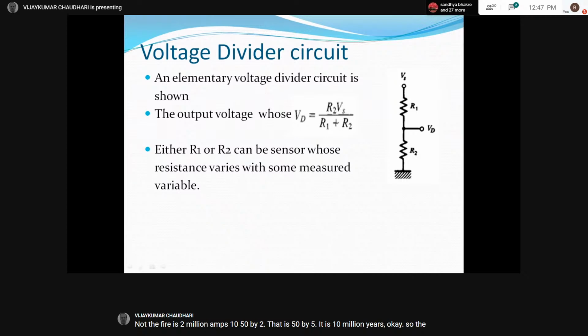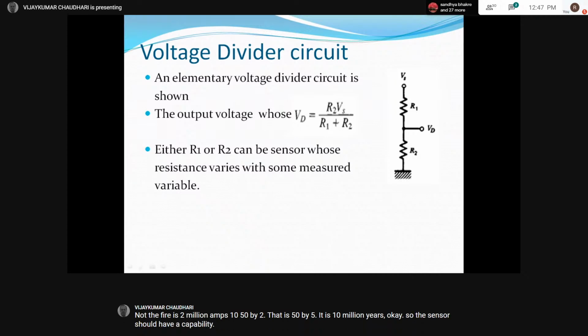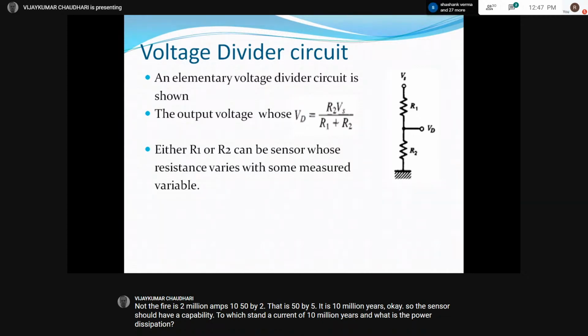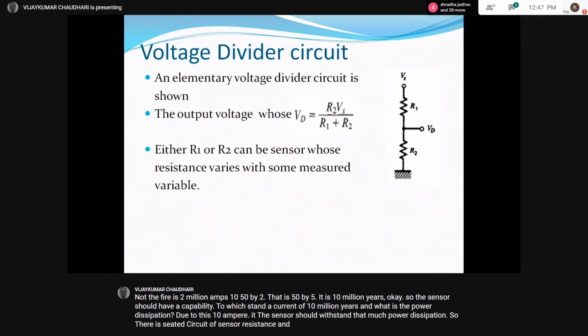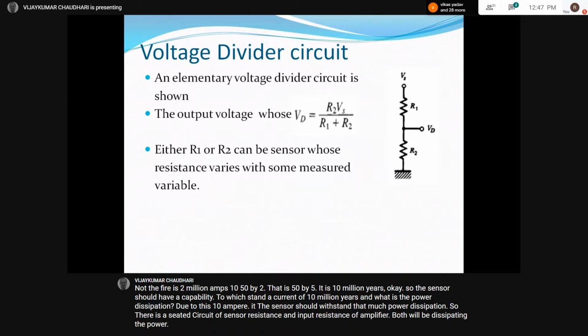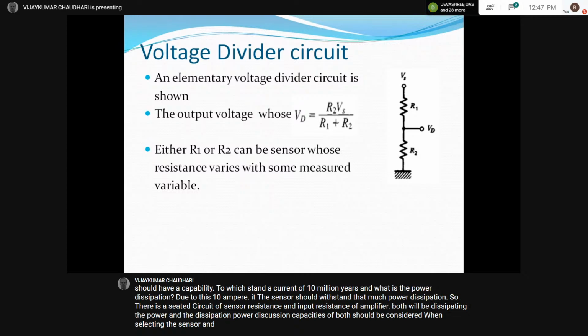So the sensor should have the capability to withstand a current of 10 milliamperes, and whatever the power dissipation due to this current, the sensor should withstand that much power dissipation. When there is a series circuit of sensor resistance and input resistance of the amplifier, both will be dissipating power, and the power dissipation capacities of both should be considered while selecting the sensor and the amplifier also.